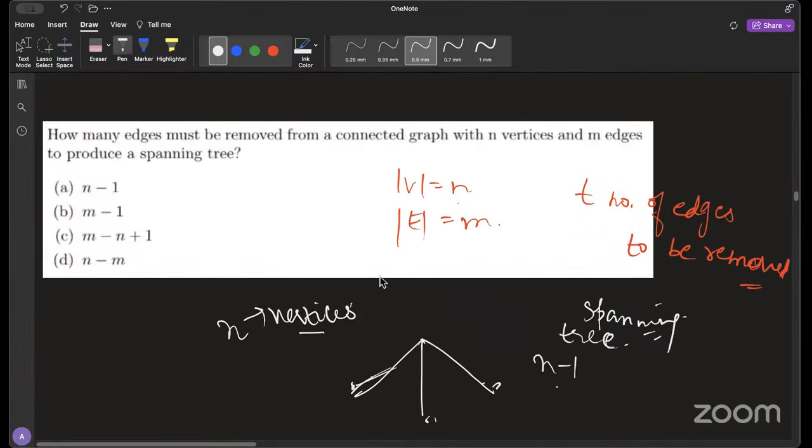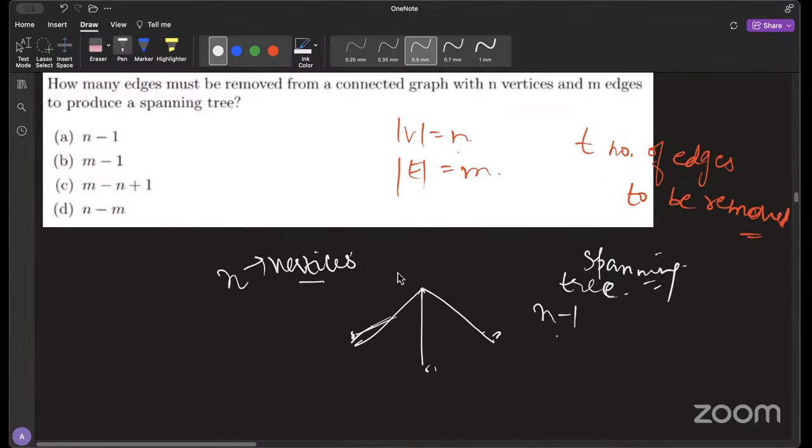So if it is connected, then m should be greater than or equal to n minus 1. Otherwise, it won't be connected. Yeah, so if you have n vertices and you have to reach n minus 1 edges by reducing the number of edges, then obviously m has to be greater than or equal to n minus 1, right?